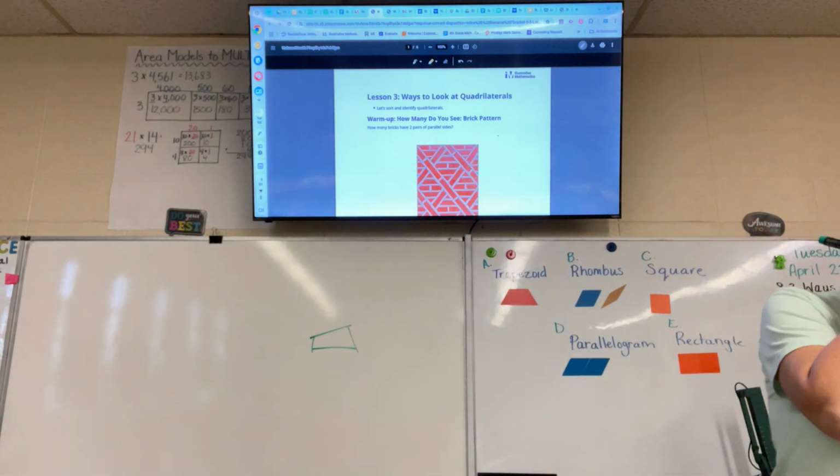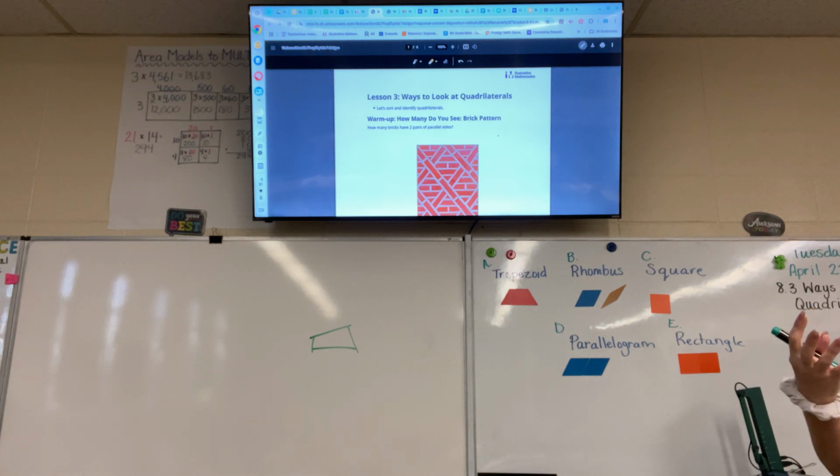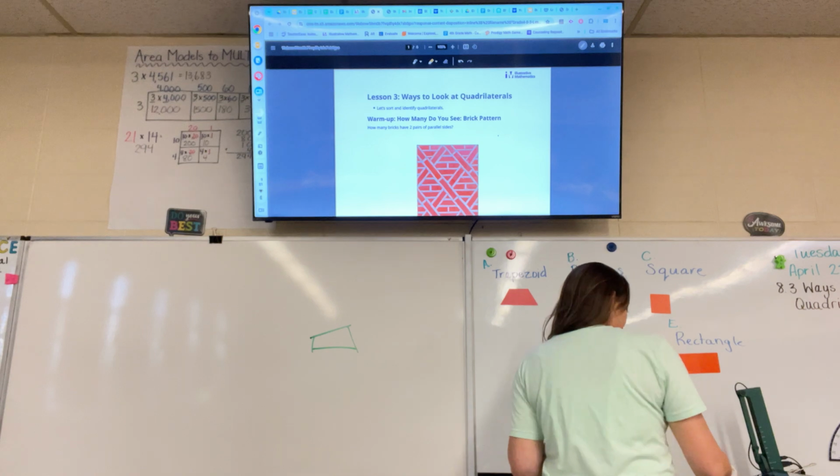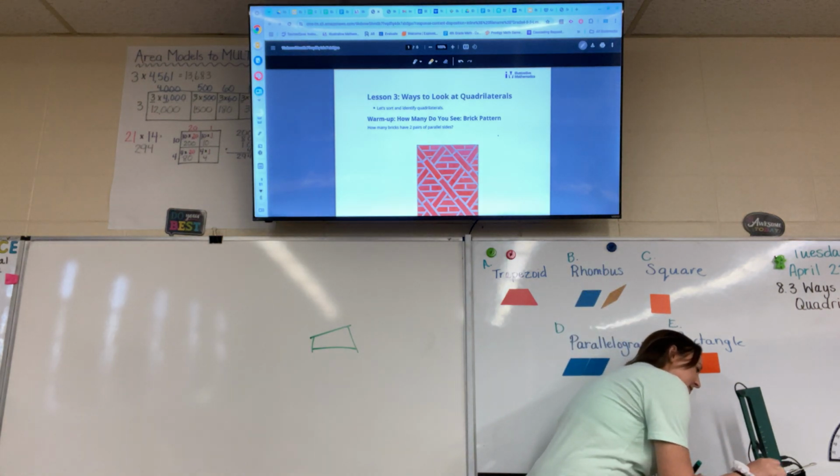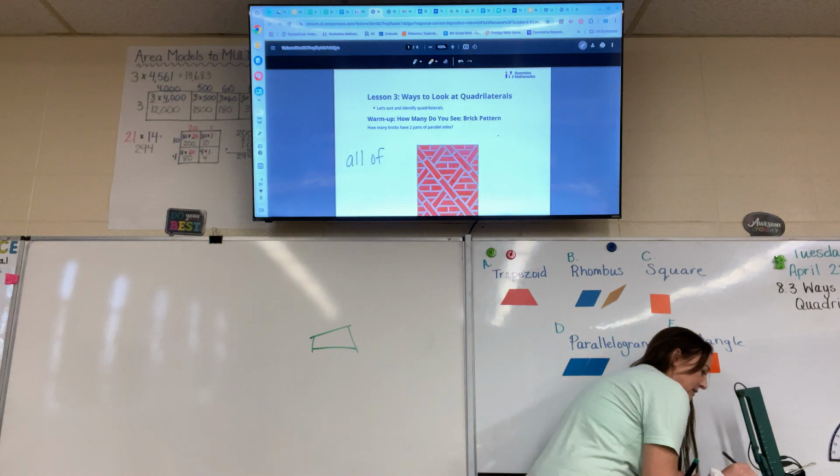You can't see every side of every brick, but all of them is the answer on this one. All the bricks have two pairs of parallel sides. The top is parallel to the bottom and the left is parallel to the right.